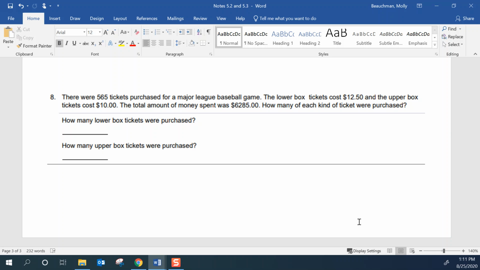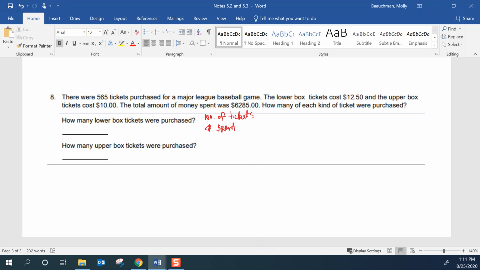So how do you recognize this is a system of equations? Well, you've got two pieces of information. One is the total number of tickets that you sold. And the other piece of information is the total dollars spent. So we're going to write one equation that has to do with number of tickets and one equation that has to do with dollars spent.